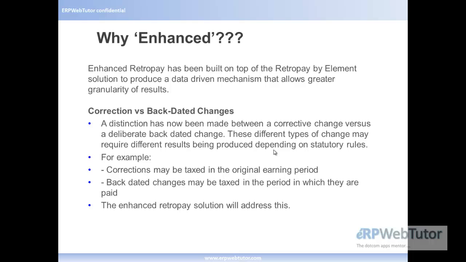Now compare that with a deliberate backdated change. Imagine the example that I mentioned in the Retropay introduction, where we have Sam whose pay has been increased retroactively. Today is, say, December 2nd.